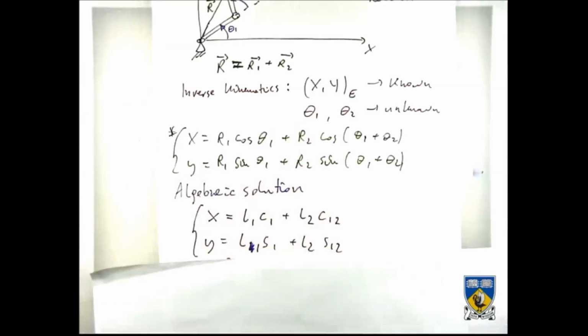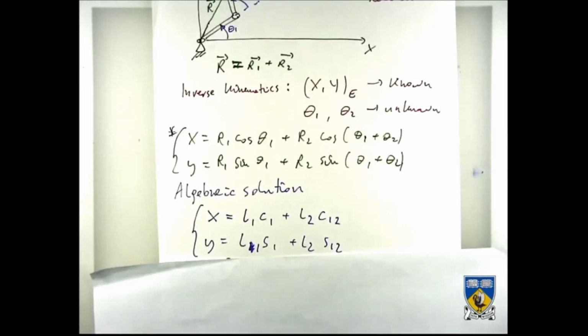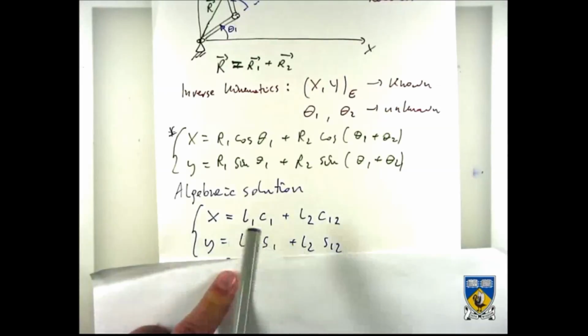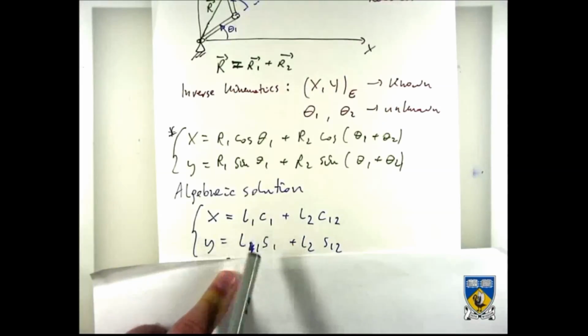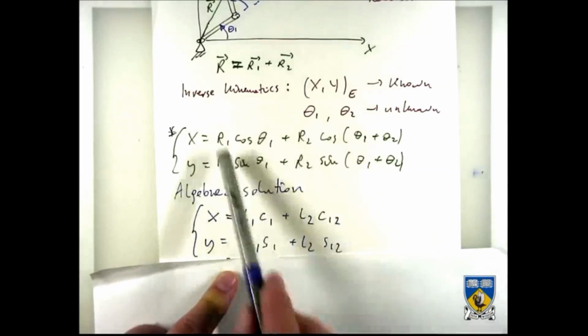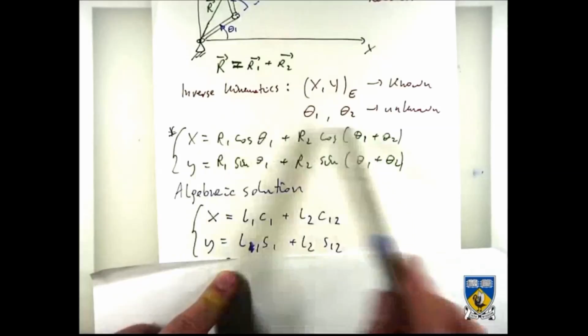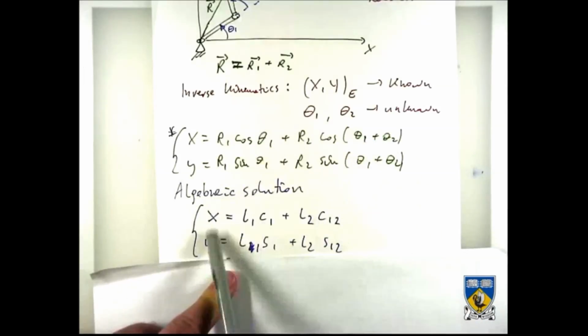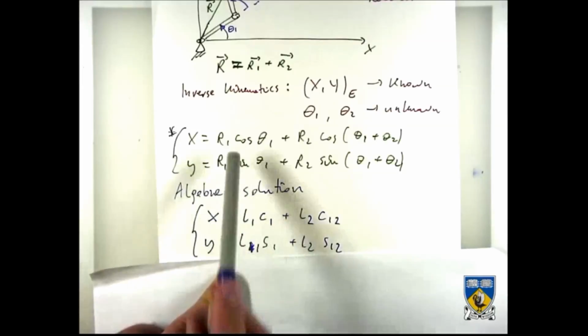So now I need to introduce a bit of the robotics slang. In robotics, usually they don't use R for links, but L. So this green stuff is using mechanisms slang, and the blue thing is using robotics slang. So L1 is R1, and C1 is cosine θ1.